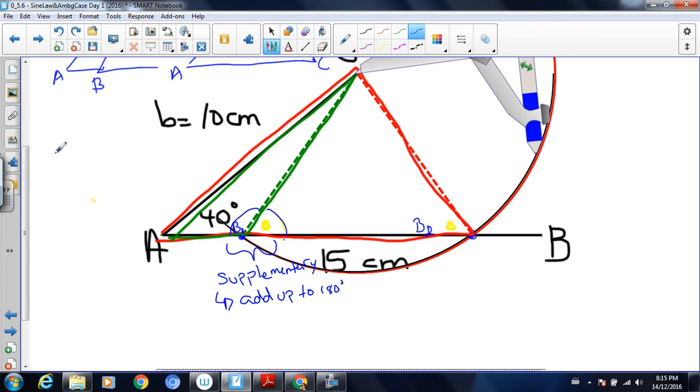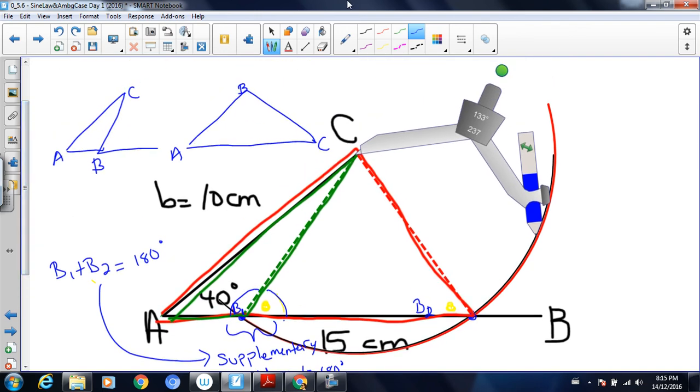So B1 plus B2 is equal to 180, simply because they're supplementary. Sorry, I wrote these wrong.